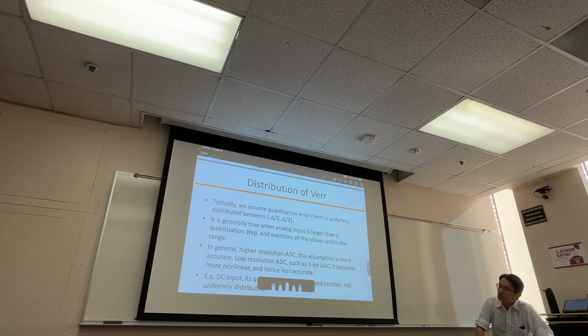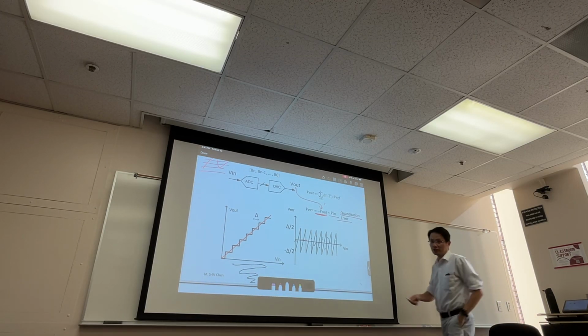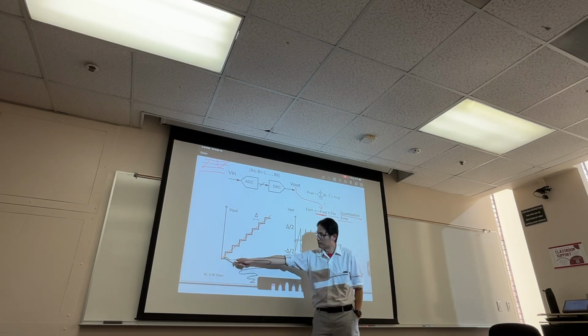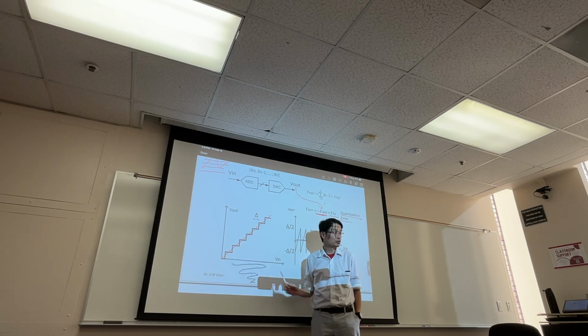First, we assume the quantization error is uniformly distributed between minus delta over 2 and plus delta over 2. Does that make sense? Let's look at this. If your input, so this is the minimum value, this is the maximum value, could be arbitrarily coming in anywhere in between.